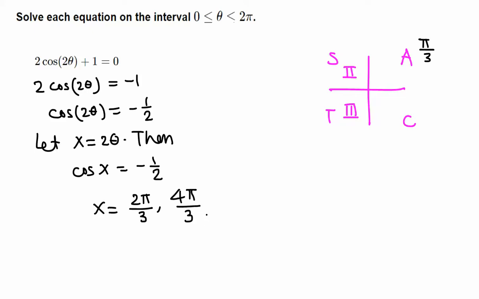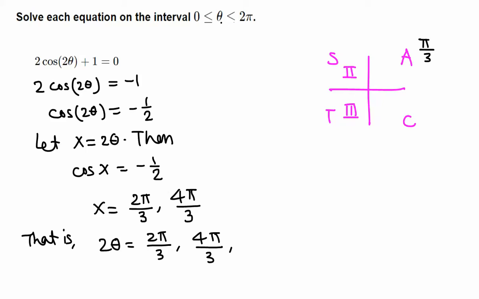Now, this is not the final answer because x is 2 theta, so 2 theta equals 2 pi over 3, 4 pi over 3. In fact, once we find one angle, we can always go 2 pi, one full circle, and get that angle again over and over.